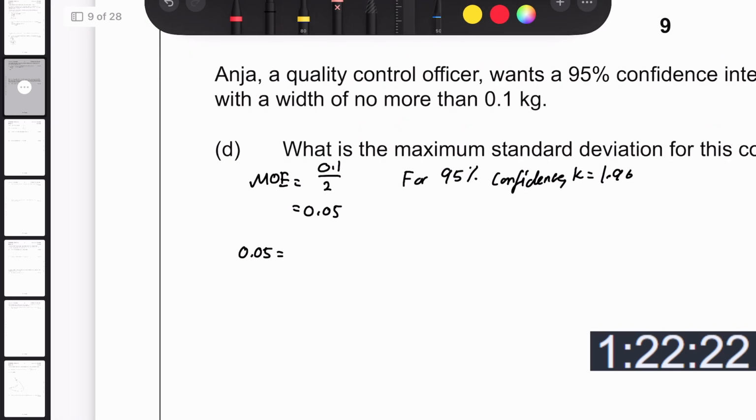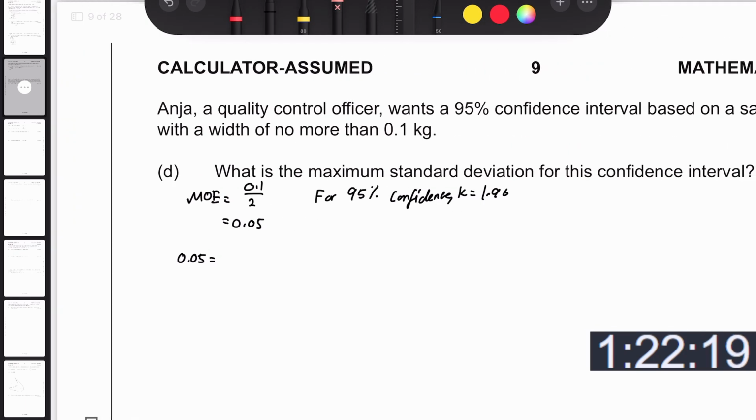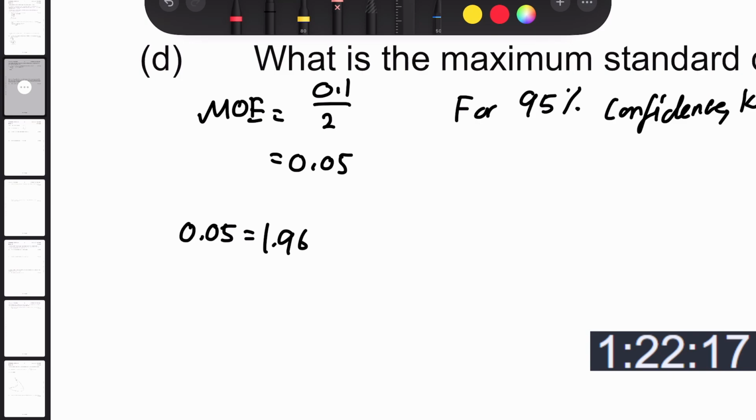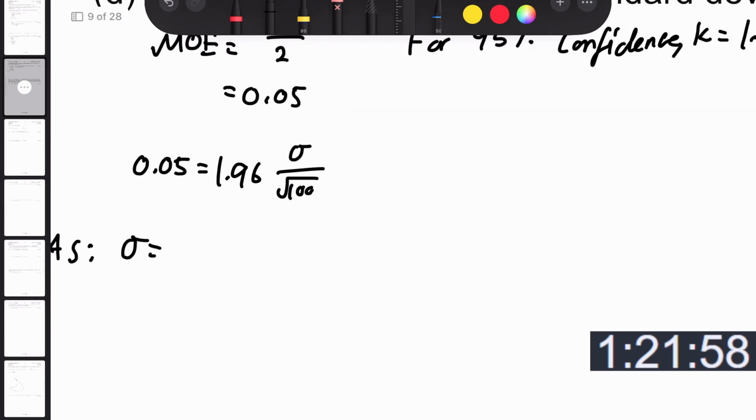So this is going to be 1.96 sigma on square root of 100. So we know sigma, on a CAS, solve 0.05 equals 1.96 of x on square root of 100. So maximum is 0.2551.